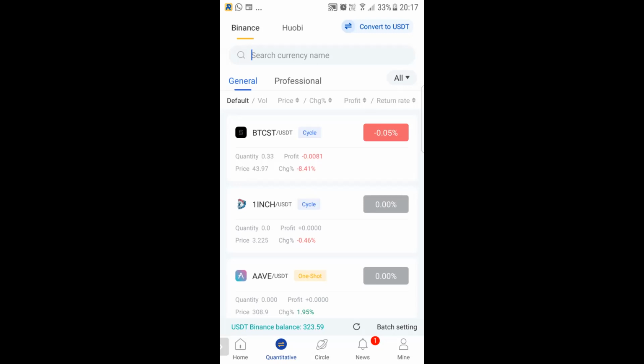But if the market falls further, you will see that the bot will be buying more as the market drops and the bot will be selling. So we are excited about this. And you can also see this is on cycle. Once you have set up this, the bot will be using that budget of 150 for this particular asset of BTC ST.